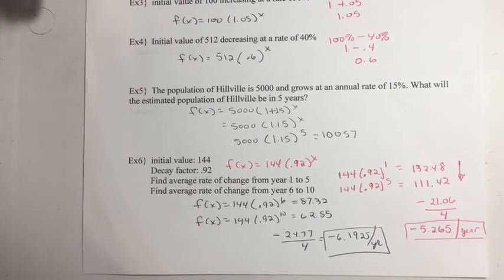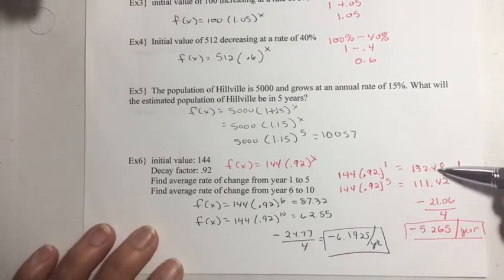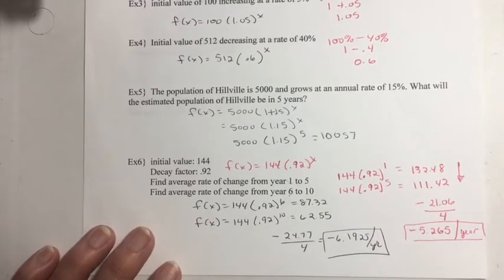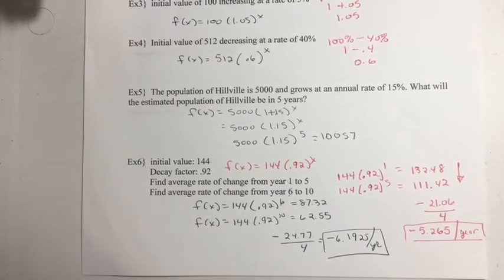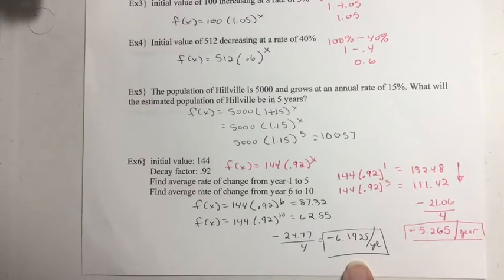Okay, did you get it right? Notice it continues to go down. Between these two, it went down 24.77 in those 4 years, or a negative 6.1925 drop. So this one drops roughly 5 per year, and here's 6.6 a year. So the decay is speeding up.